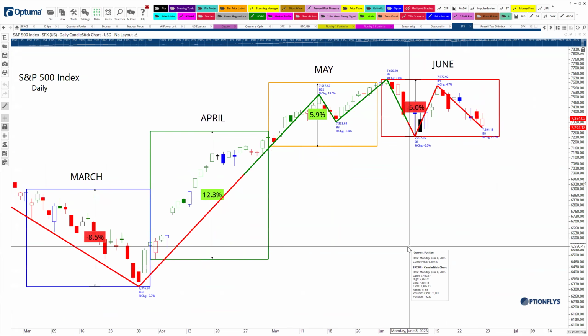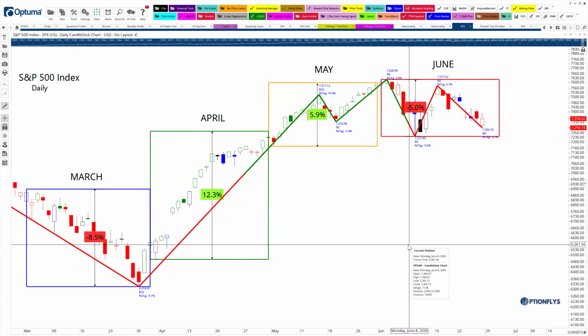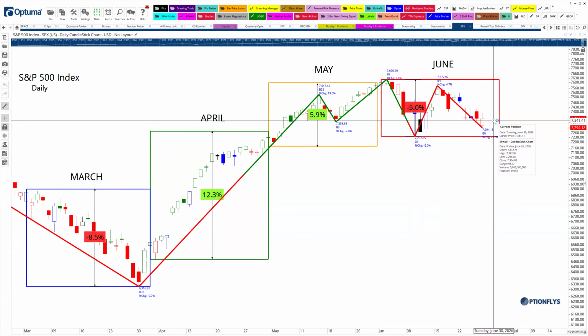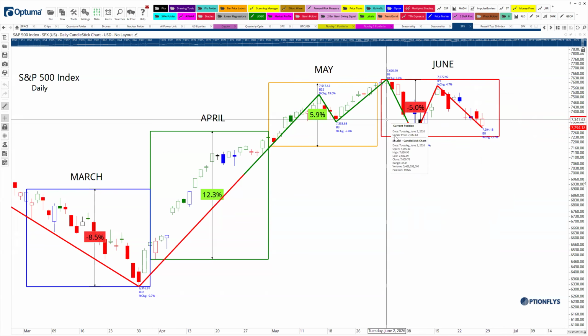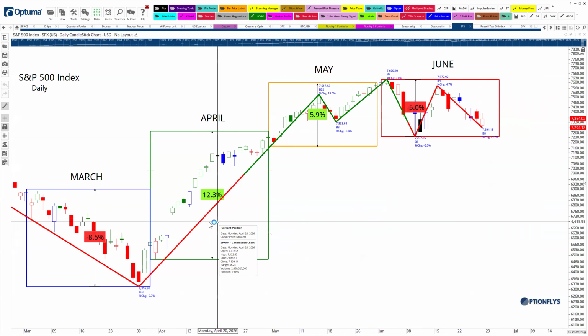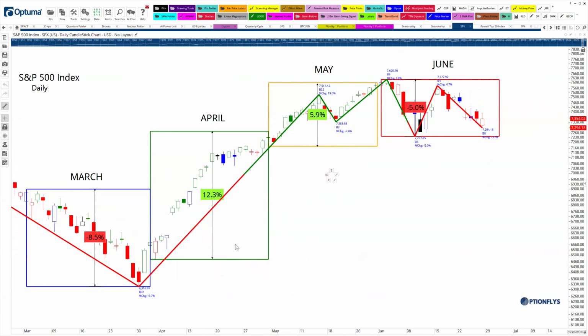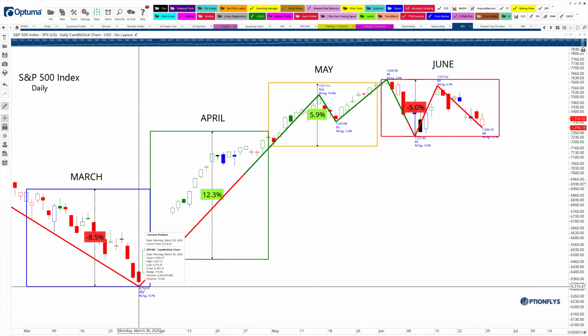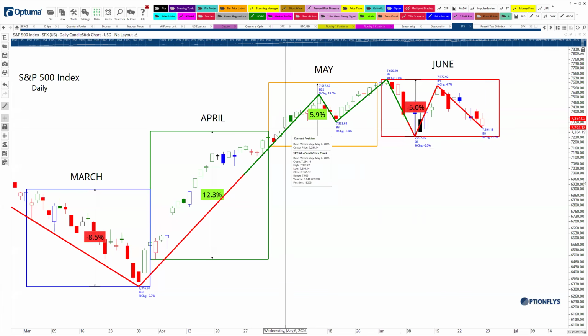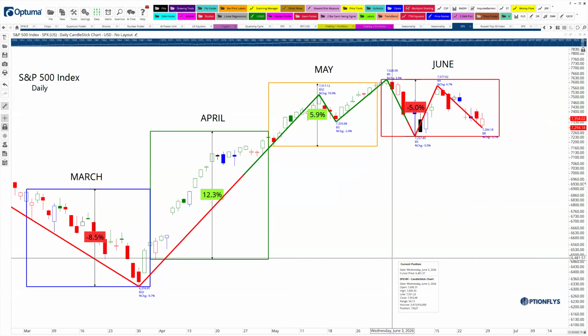Okay, let's talk about the S&P. June is coming to an end. We got 2 more days to go, so this box will be filled, and we have a new box for July. March, April, May, the last month, this month, just pretty much sideways.